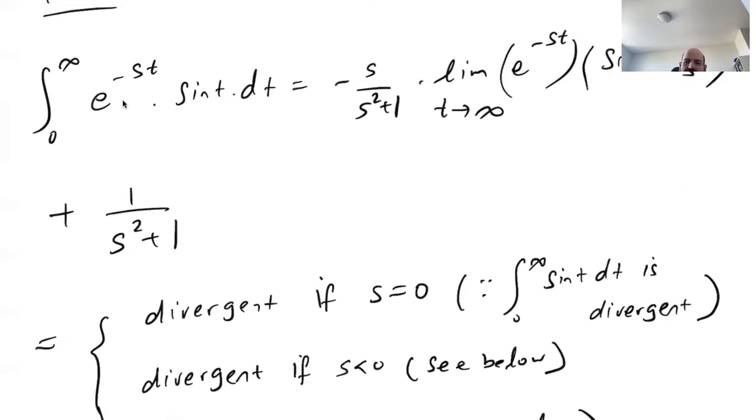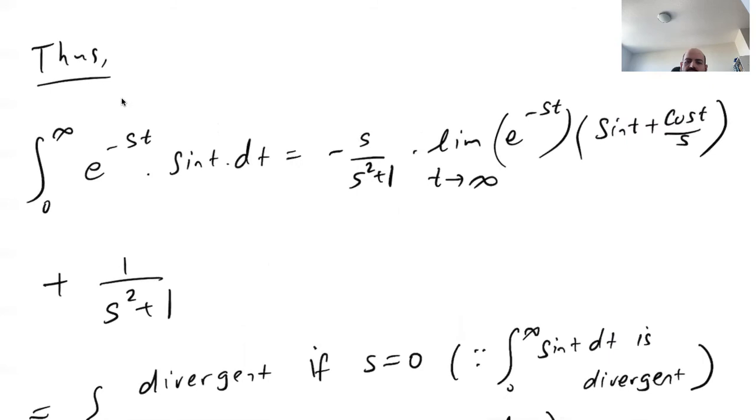If s less than 0, that means s is a negative number, so minus s becomes a positive number, and this becomes e to power infinity. But then this is not a constant. This will be sine infinity, cos infinity. So how can I show that overall this limit will not exist, or it will not be convergent?